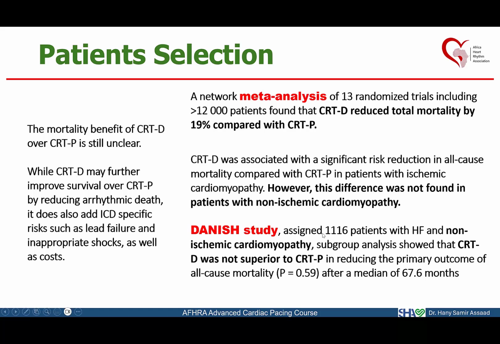At the extreme, the Danish study with more than 1,100 patients showed that in non-ischemic cardiomyopathy, there was no superior mortality prevention in patients having a CRT-D versus those who had a CRT-P. So the mortality rate was the same in the two subsets.